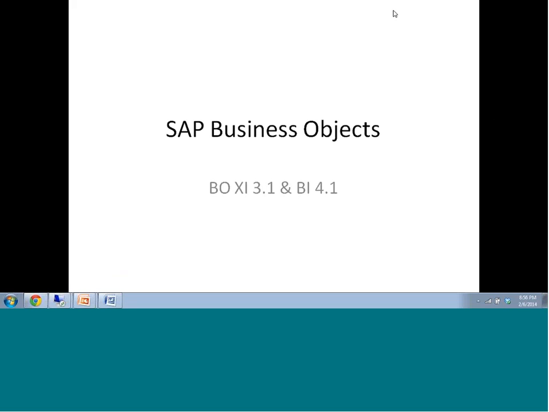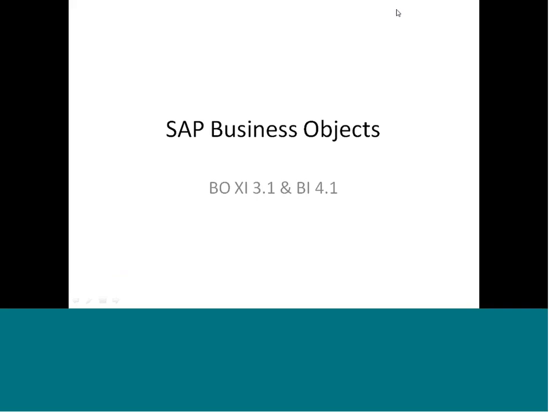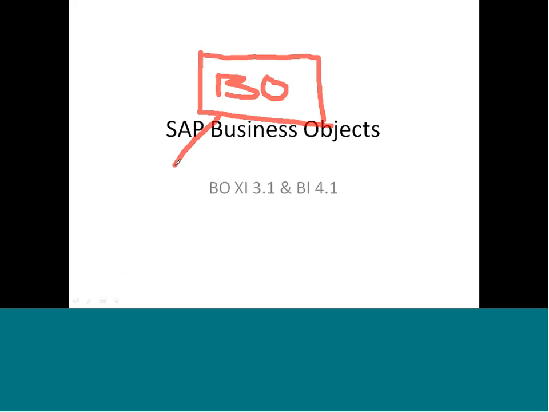So the main integrations that we will be covering as part of this course is, for all the Business Objects tools, how we can connect them to SAP BW, which is a warehousing solution from SAP, as well as how we can connect to the transaction system directly, the relational system.